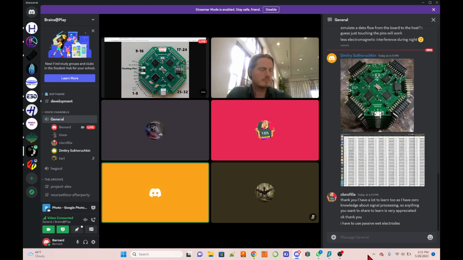On the g.tec site, the information is that they're using gold for more than 0.5 Hertz. For more than 0.5 Hertz, gold is okay. For less, you need silver chloride. Yeah, but there's a difference between silver and silver chloride.